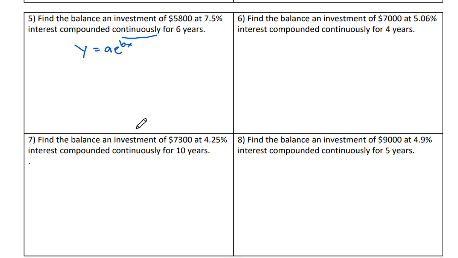It's built in because of the E. So I have 5,800 times E, and this is all an exponent of the E, 0.075, change that percentage, times 6. And when I type all of that in, I get a value of $9,096.21.